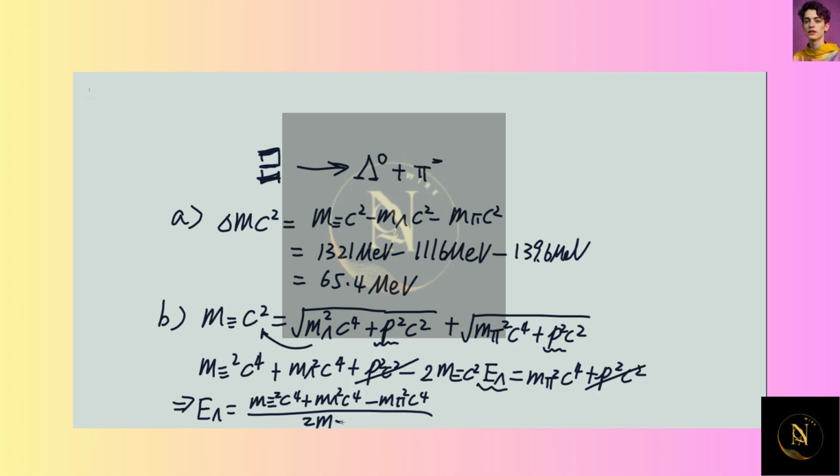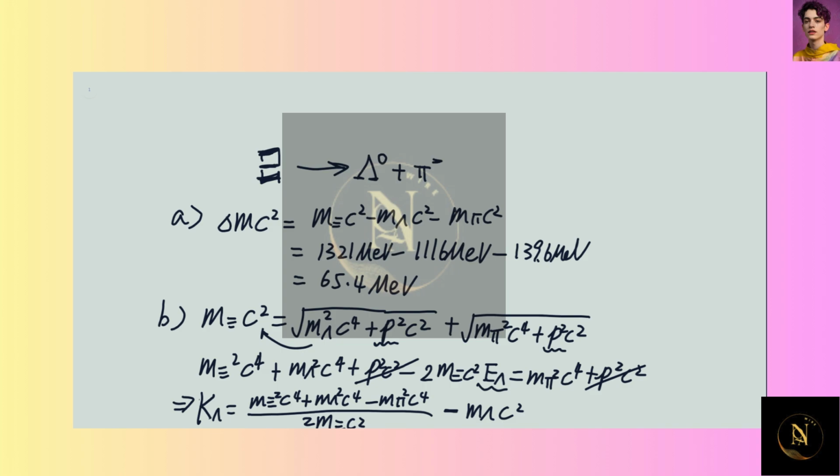With this amount of energy, this is a total energy, so we can find the kinetic energy because kinetic energy is equal to total energy minus the rest energy.